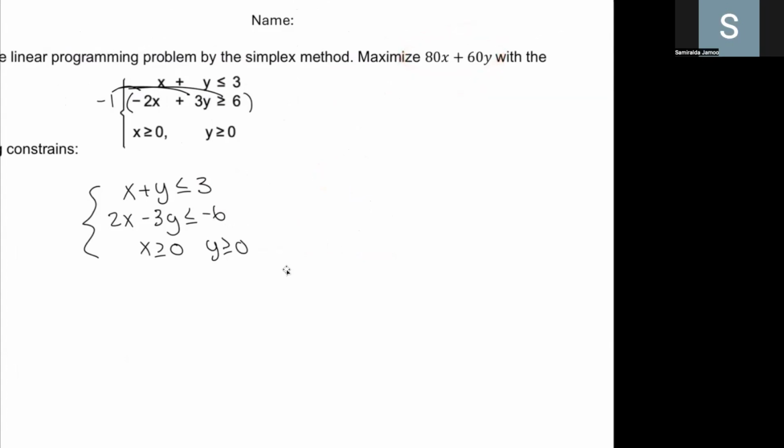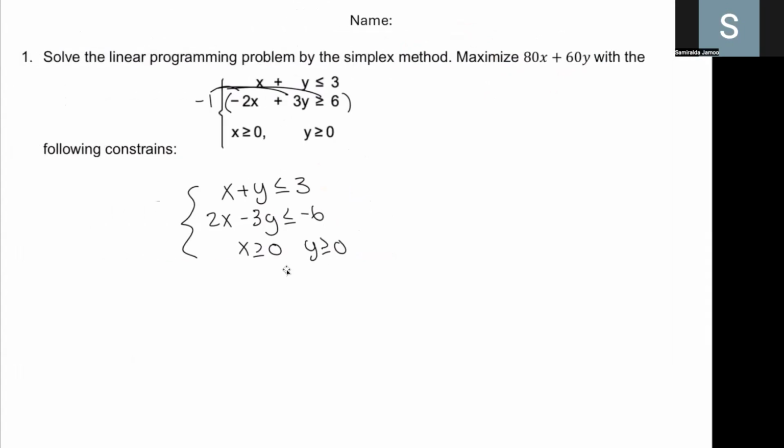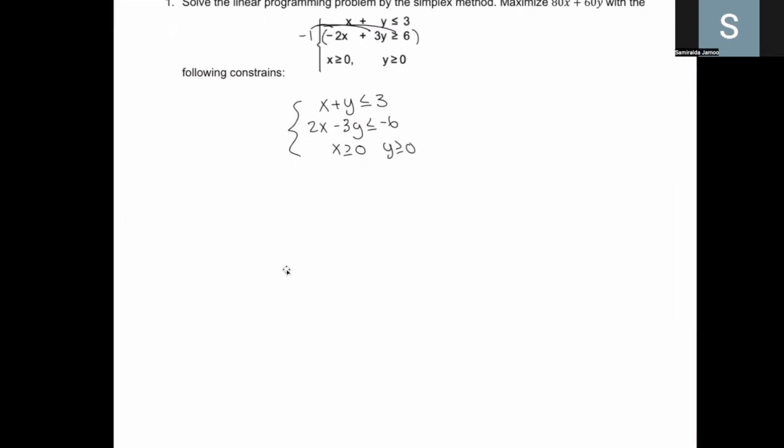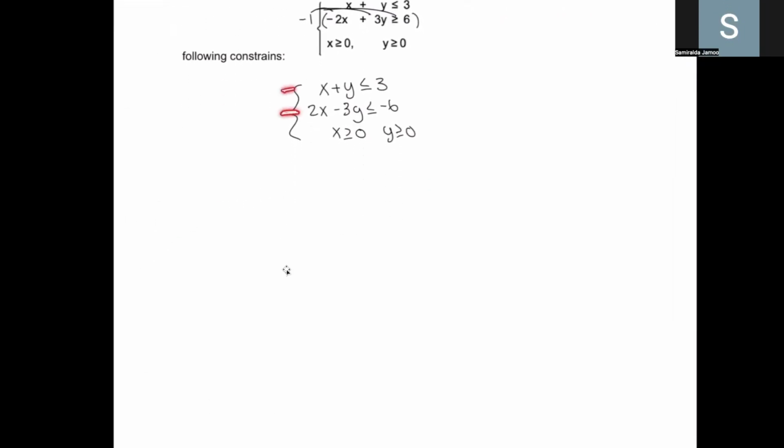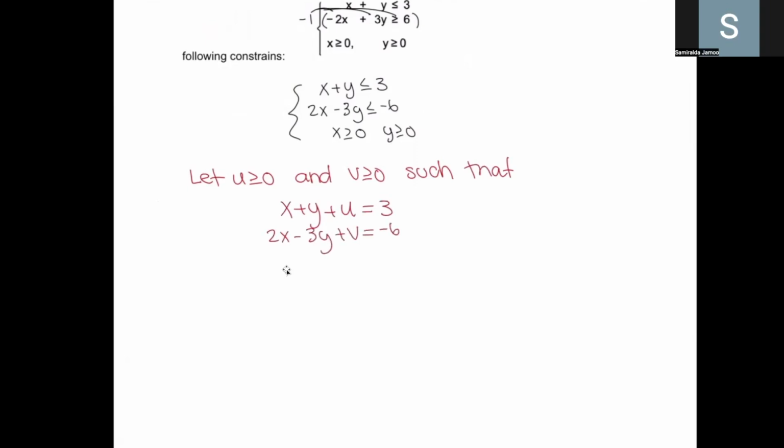Now I can proceed and come up with the slack variables. So let's introduce slack variables. I have two equations, so I will let u be greater than or equal to 0 and v be greater than or equal to 0, such that my first equation plus u is equal to 3. The second one plus v is equal to -6.